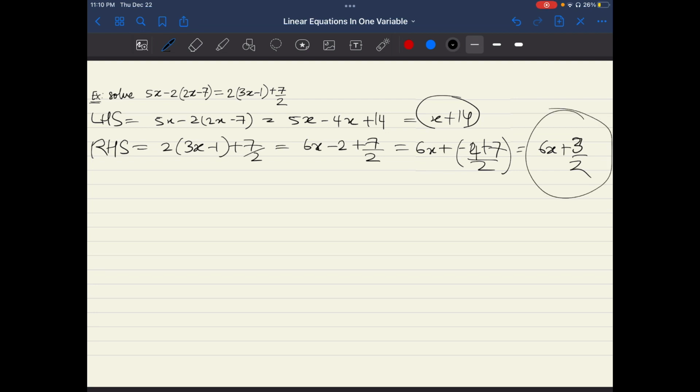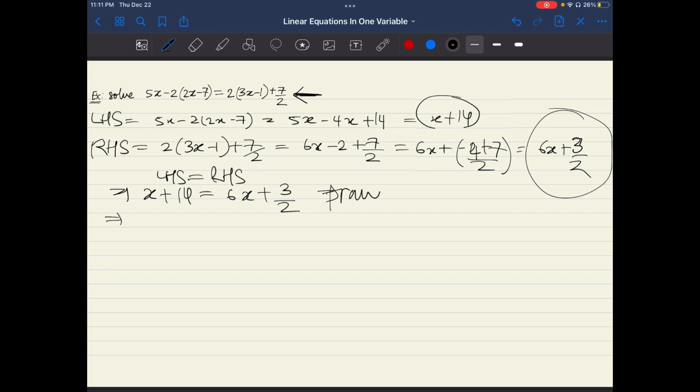So our RHS is actually just 6x plus 3 over 2. So now, plugging the value of LHS and RHS into the original equation, we get LHS equals RHS, which implies x plus 14 equals 6x plus 3 over 2. And now we will solve this.